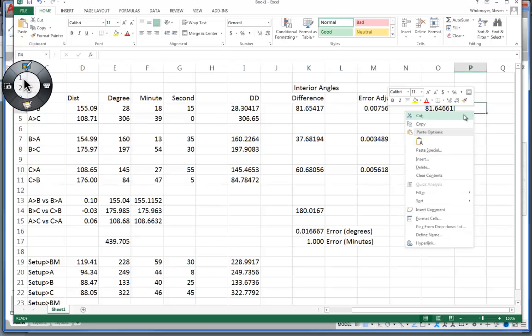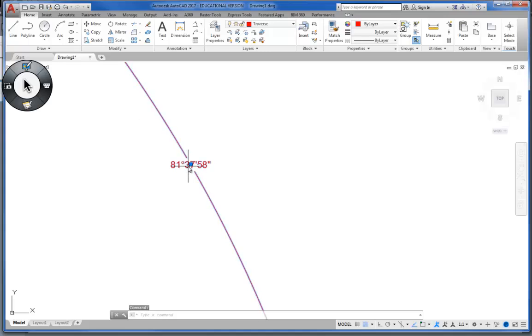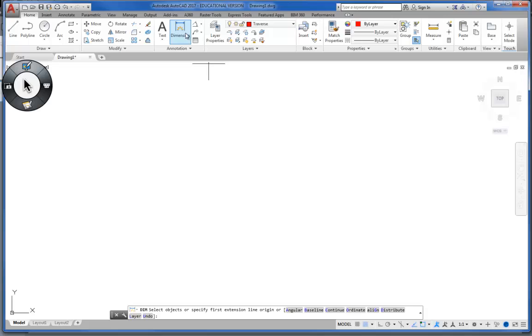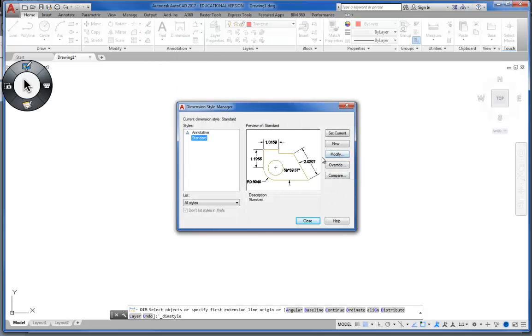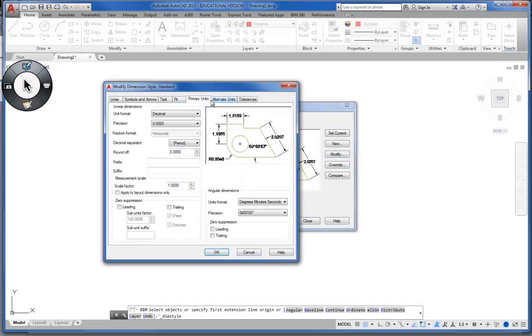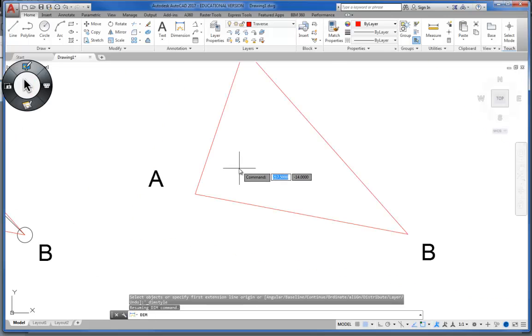Oh, we changed it to decimal degrees. Okay, fine. Delete. Dimension annotation right here. Modify the standard. Primary units. We'll go back to decimal degrees and we'll go 4 degrees. Say OK and close.